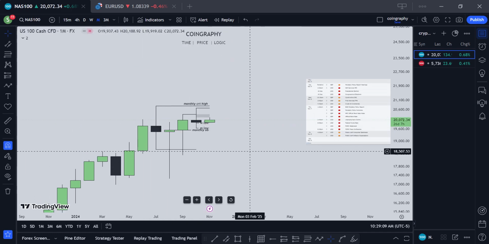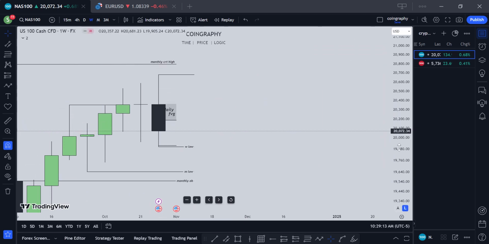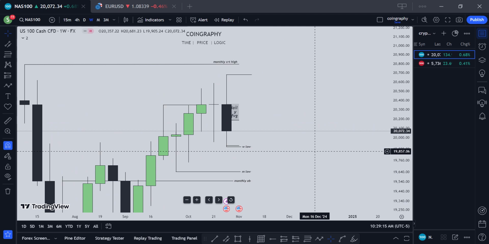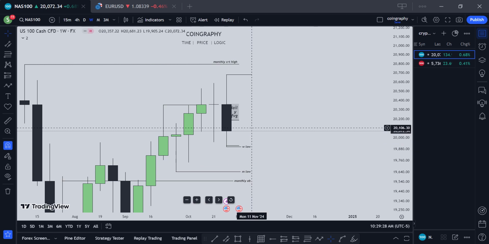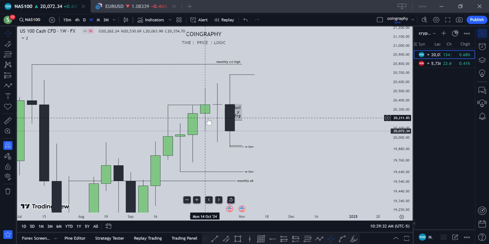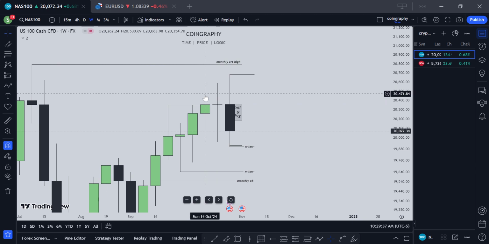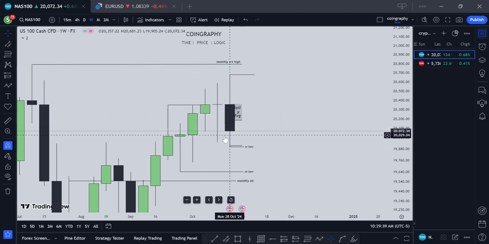So looking at that, we know that price is coming lower from this price action, because if you look at the previous week's candle, we've had bearishness, and then we took this week's high and came down, taking this week's low.